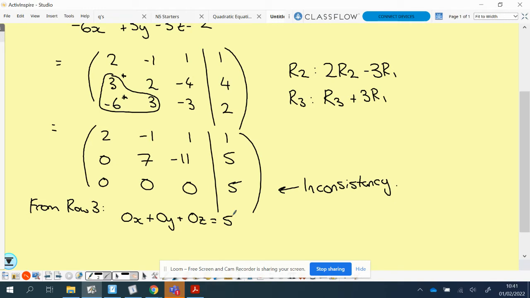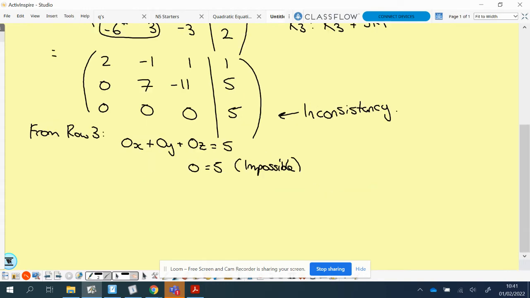But if I don't have any x's or any y's or any z's, in other words, I've got nothing on that left-hand side, then it can't equal 5, but that isn't true, is it? Okay, impossible. So therefore, the system's broke down.